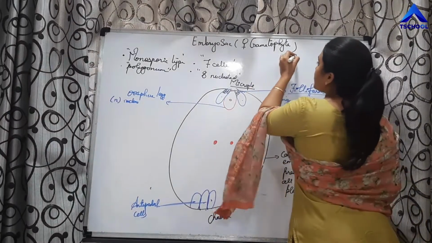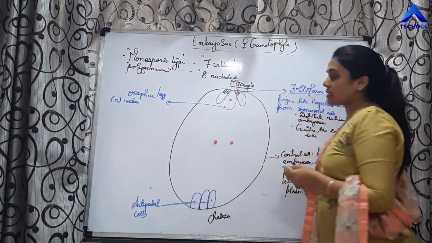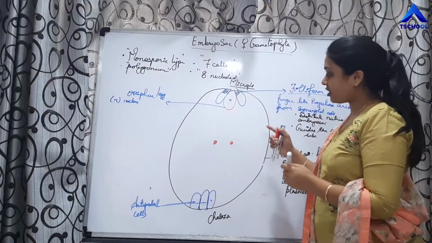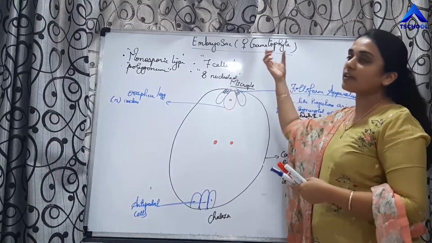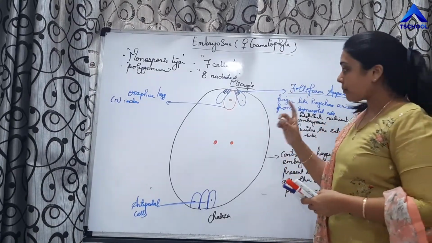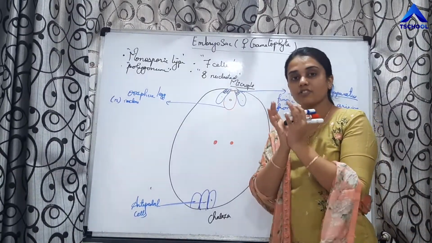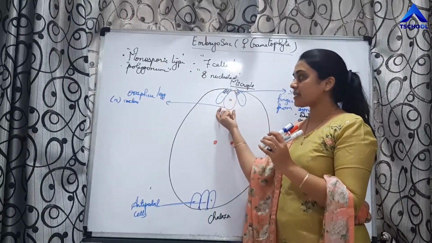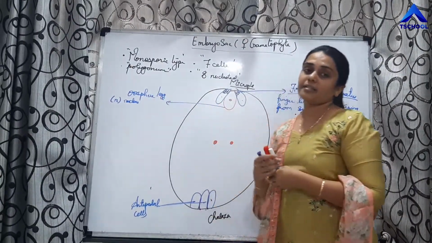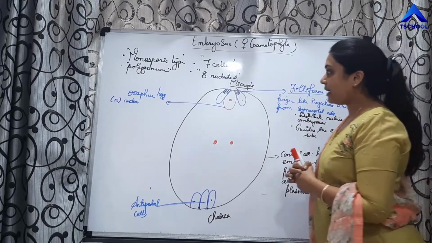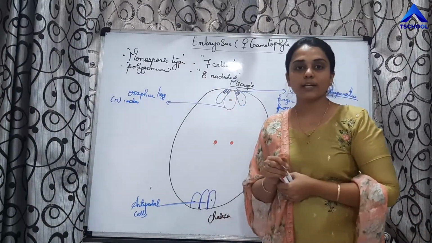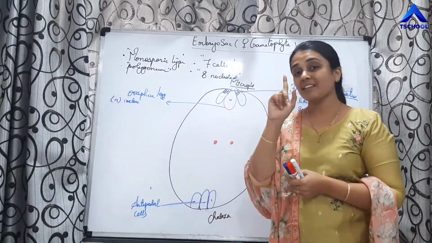So we have to study the structure of the embryo sac, the diagram which is given in your books, and it is called female gametophyte. Why? Because it is a gametophyte, it is a structure which itself possesses the female gamete, that is the egg cell, right? So it is monosporic type because it developed from a single megaspore.